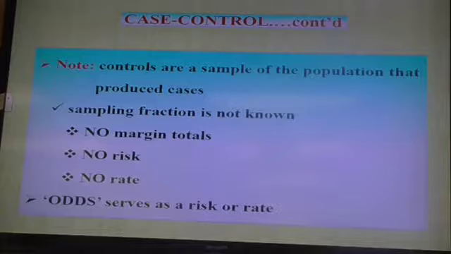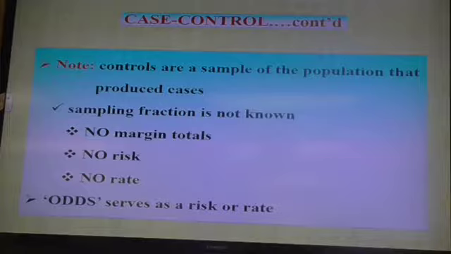If a patient is, say, a 20-year-old woman, then your control will also be a 20-year-old woman who does not have that disease or that particular condition. So at least match 1-to-1, but most of the time they match 1-to-2 or 1-to-4. So if you have one case, you select 4 controls or 2 controls.